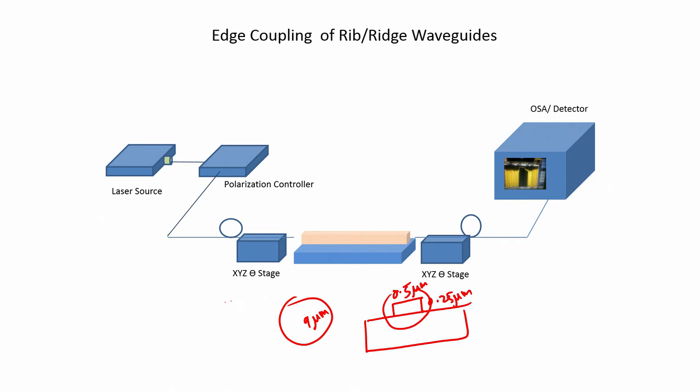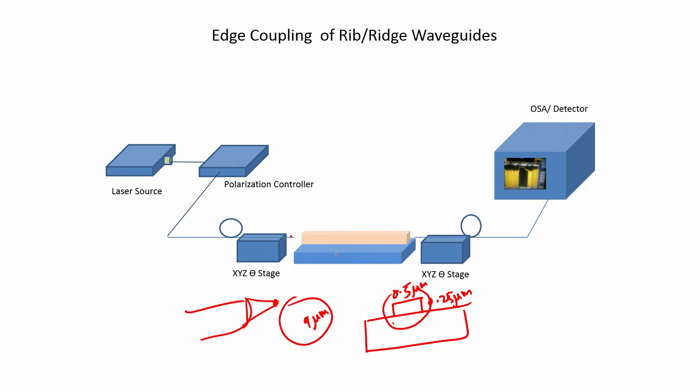So, a lensed fiber is used to focus light onto this. Even then you have a circular mode spot which may be slightly larger than this. So, there is a mode mismatch between the input light and the mode of the optical waveguide. This is one of the important characteristics of the measurement process.